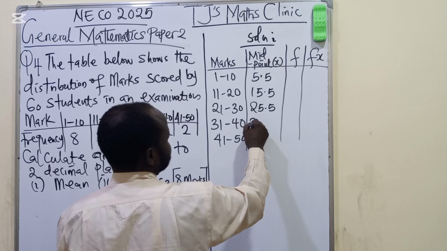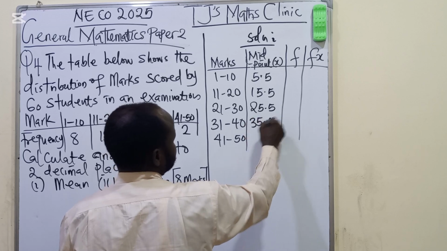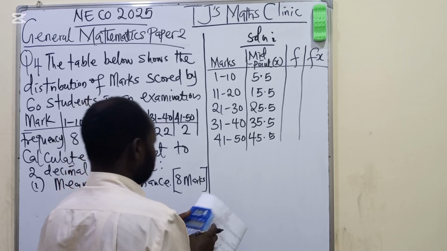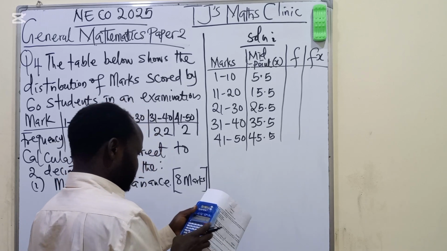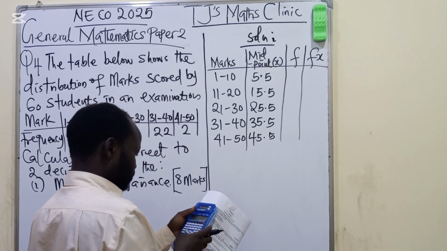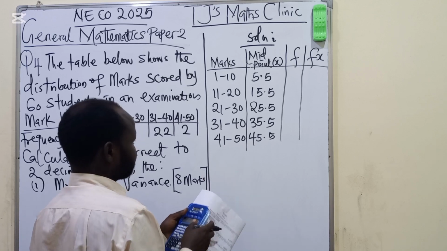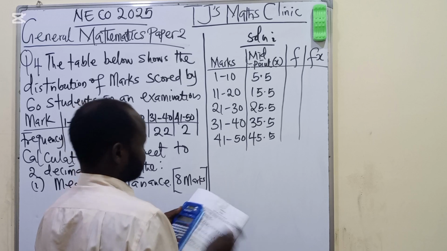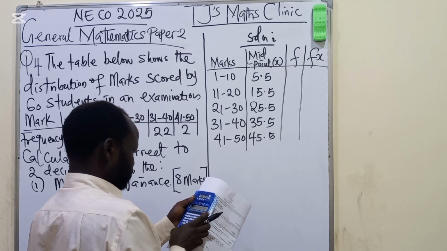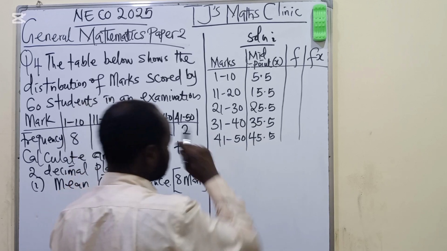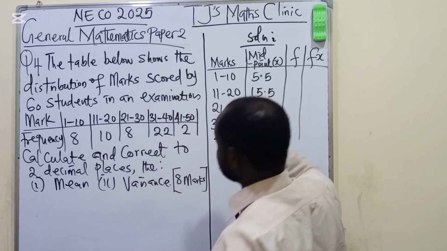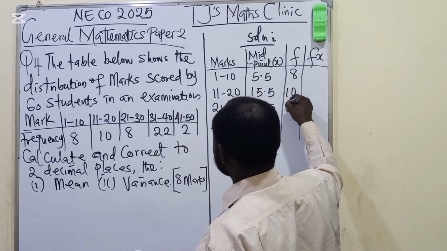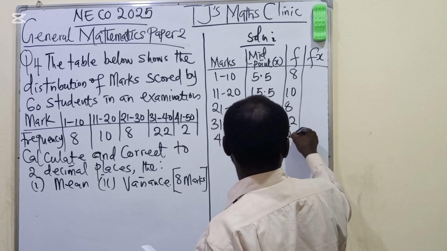Next will be 35.5. Then 45.5. Let's check. 31 plus 40 divided by 2, of course, it will be 35.5. Then 51 divided by 2, that will be 25.5. Then 31 by 2 is 15.5. So their respective frequencies are 8, 10, 8, 22, then 2.